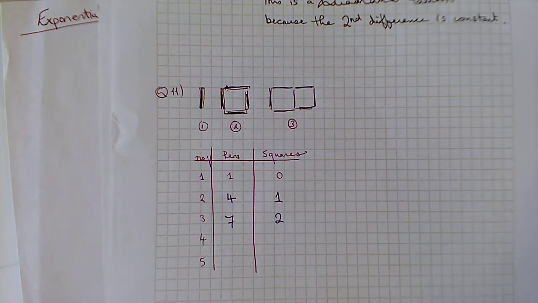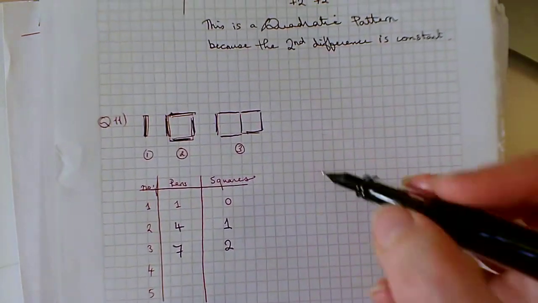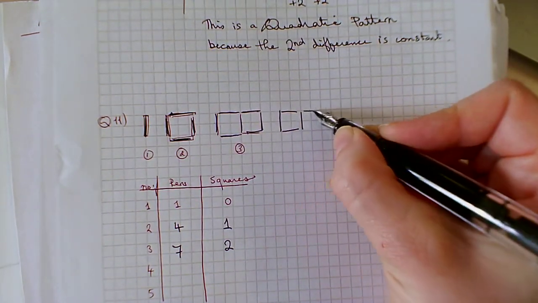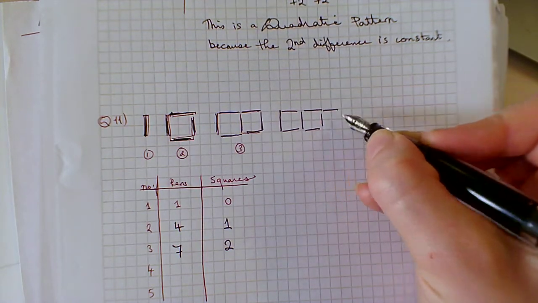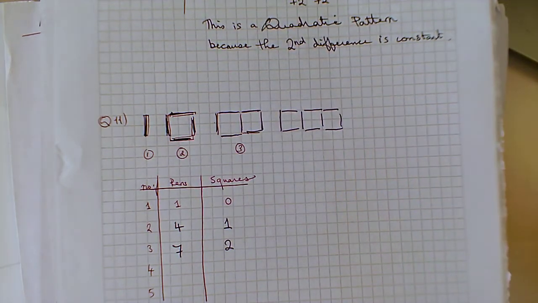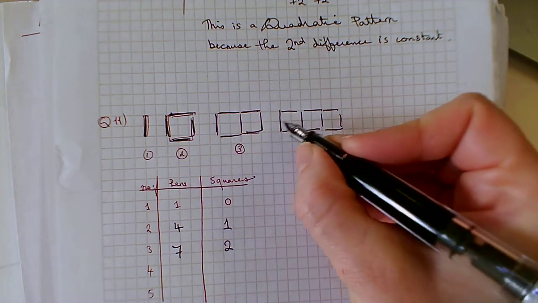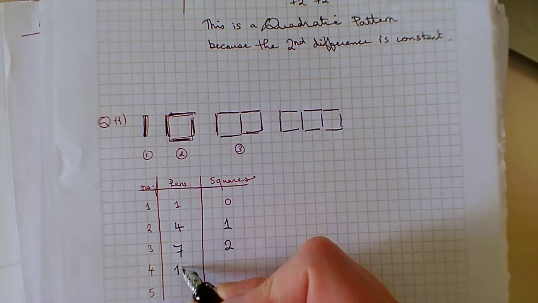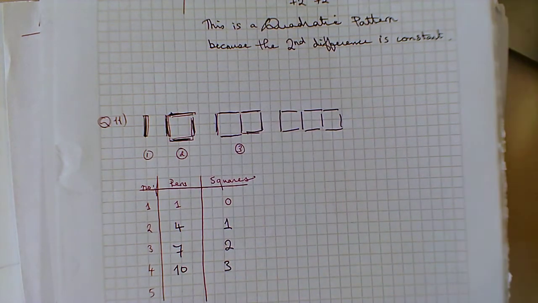And the first thing we were asked to do was to draw pattern 4. So hopefully you could see what was happening here. Every time we're adding on 3 pens to make an additional square. So now this has 1, 2, 3, 4, 5, 6, 7, 8, 9, 10 pens making up 3 squares.